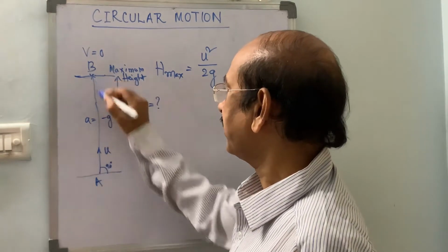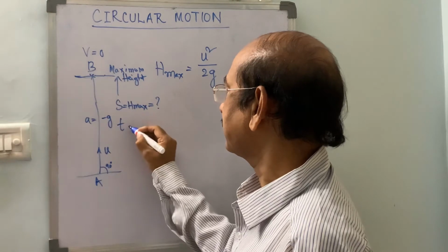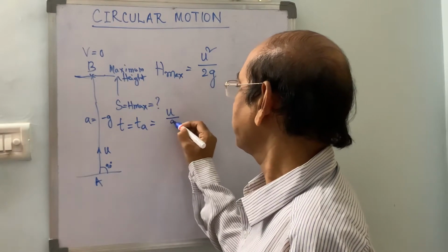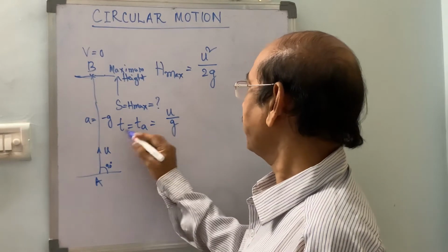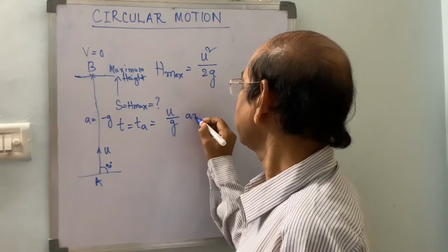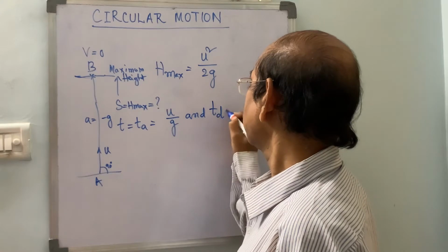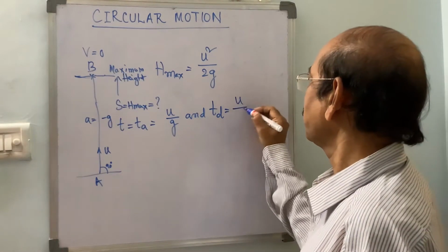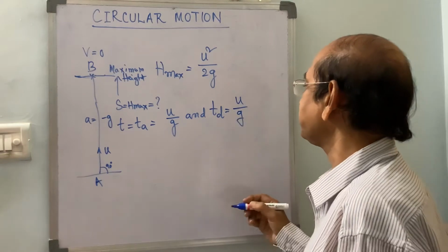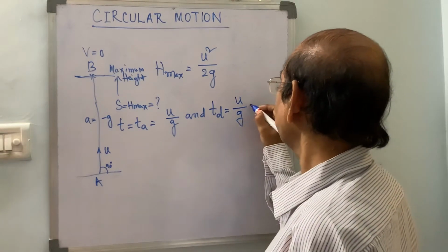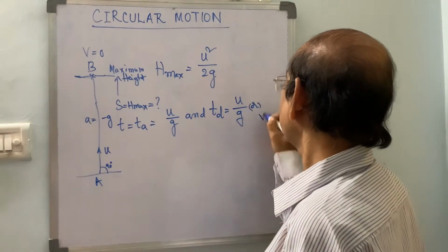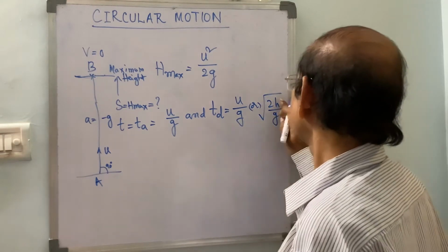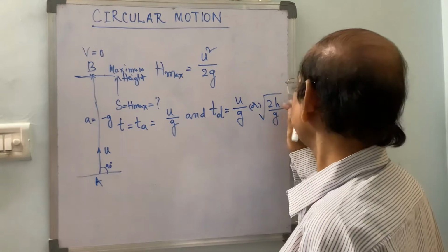and time taken to reach the maximum height Ta is equal to u by g, and time of descent, that is the return journey from B to A, is also equal to u by g, or root 2h by g.